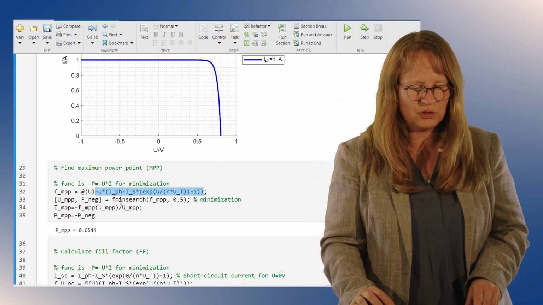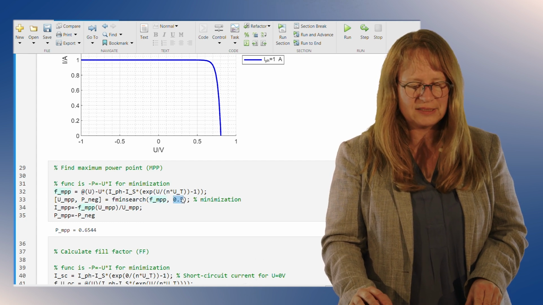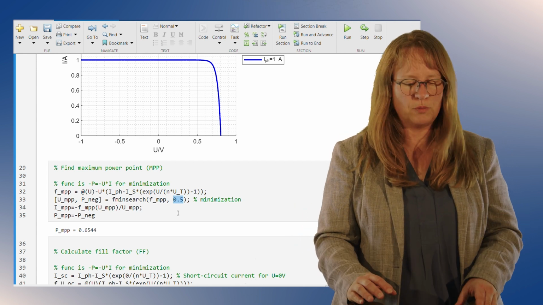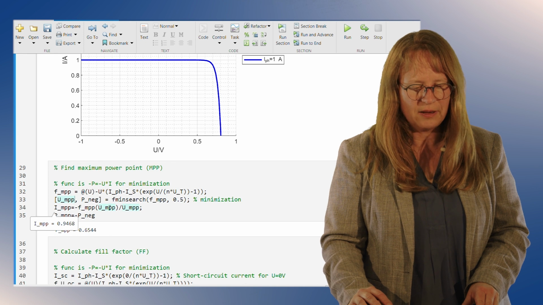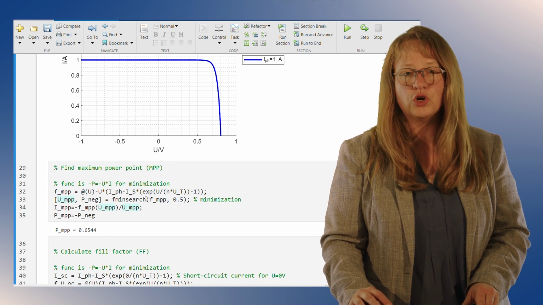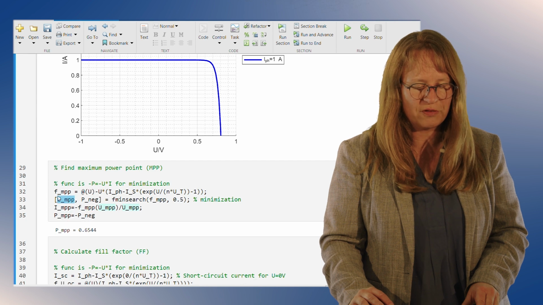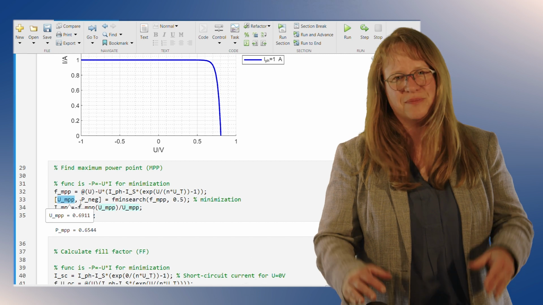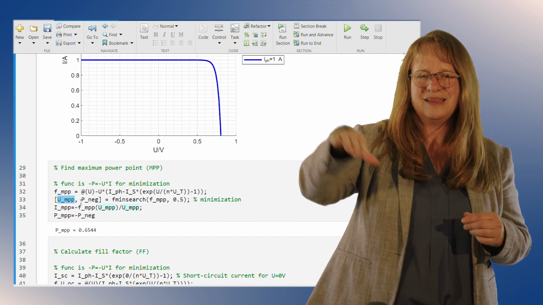For this I use fminsearch in MATLAB, put in the function name, and put in an initial guess. So I say the initial guess is 0.5 volts for the maximum power point, and then MATLAB does the search for the minimum of the inverted power value.